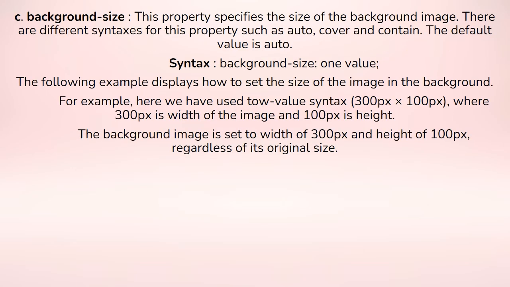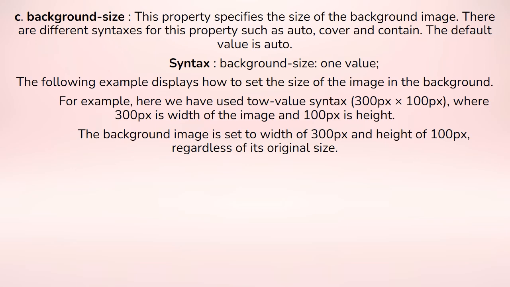C. Background size. This property specifies the size of the background image. There are different syntaxes for this property such as auto, cover and contain. The default value is auto. Syntax: background-size: 1 value. The following example displays how to set the size of the image in the background.